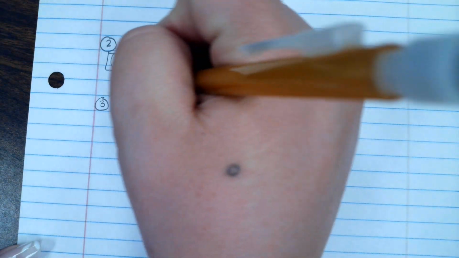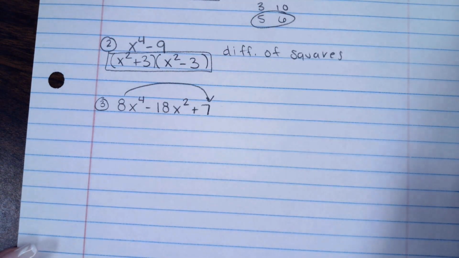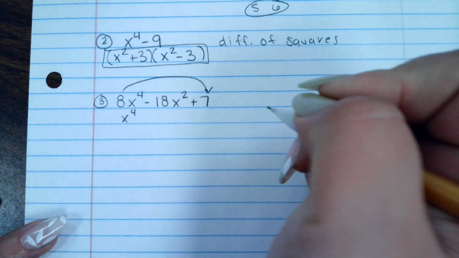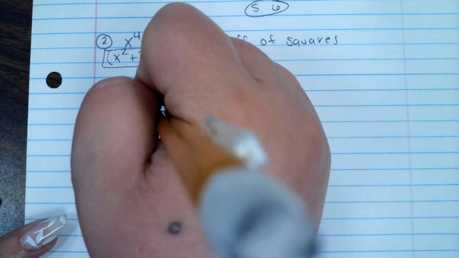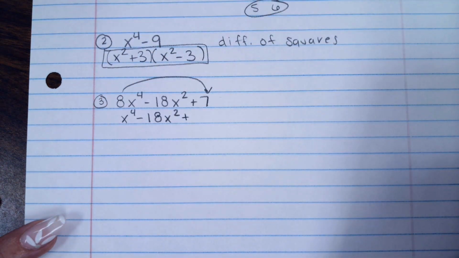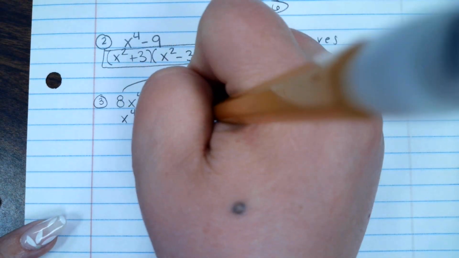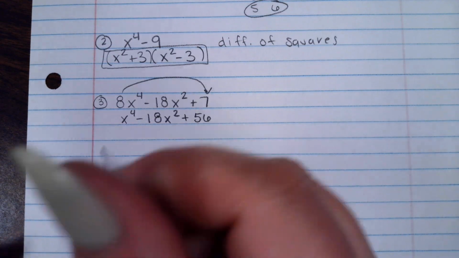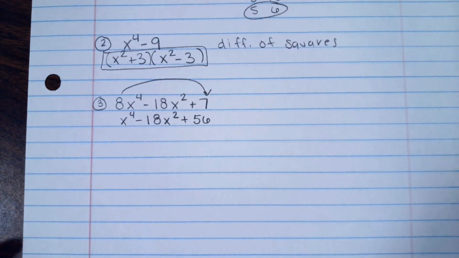So we slide the 8 over to the 7 and rewrite our expression. So we have x to the fourth minus 18x squared plus 8 times 7 gives us 56. And then don't forget, since we slid the 8 in at the end, we have to divide it back out.